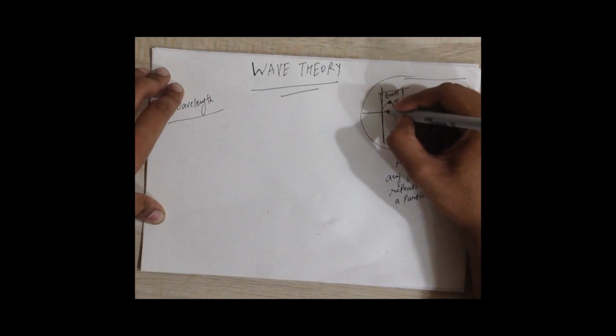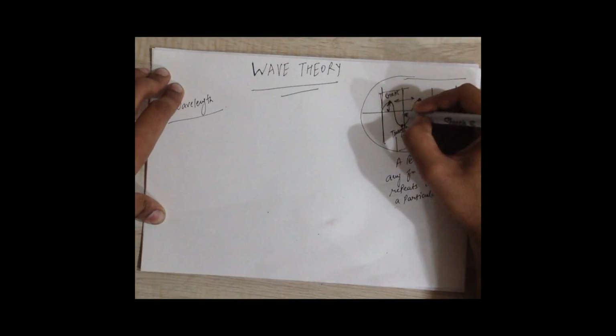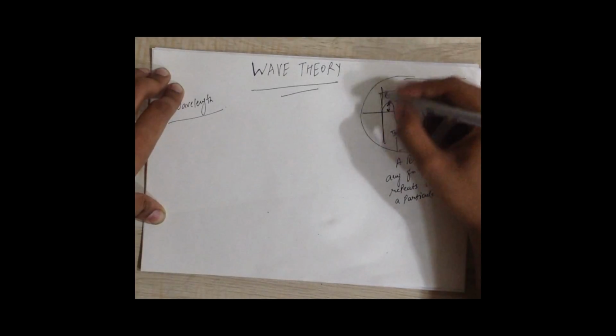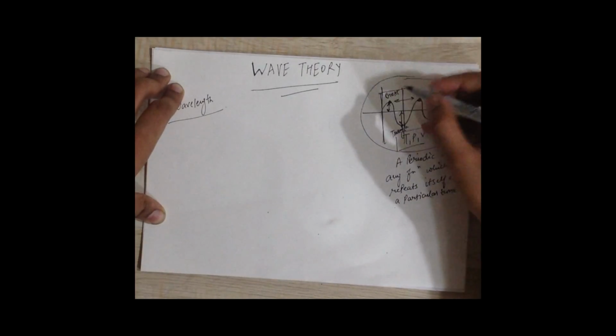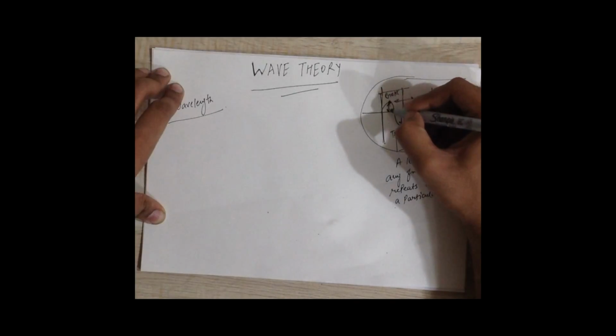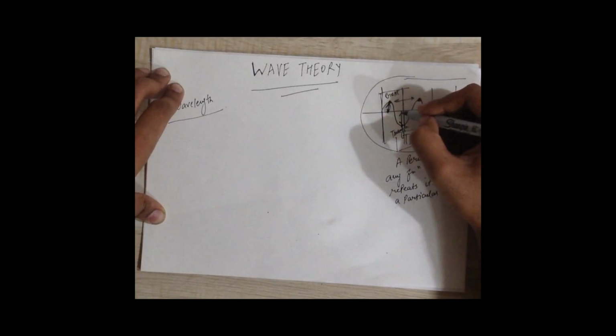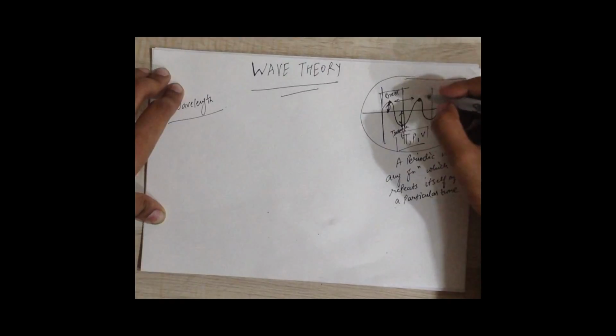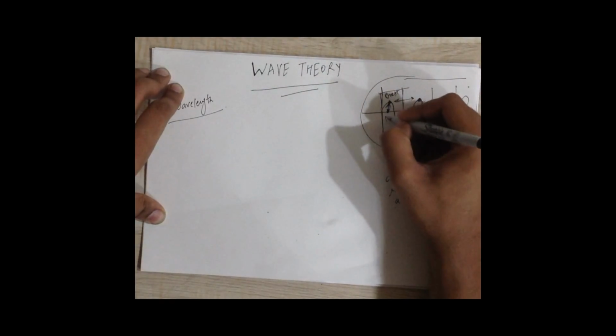Now this distance from this point to the crest or from this point to the trough is always the same and is known as the amplitude of a wave.